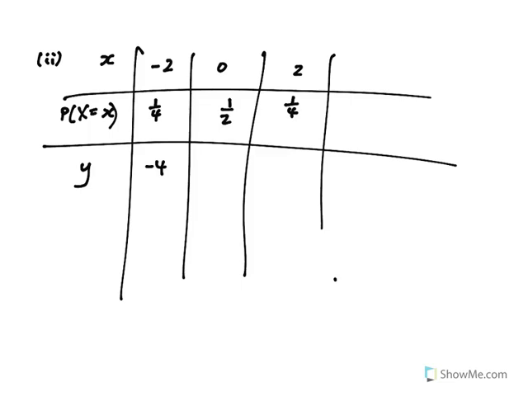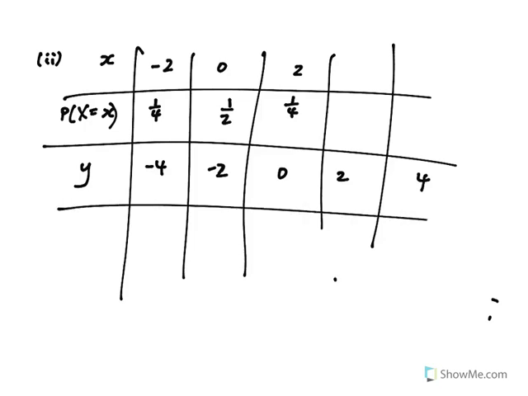It could be 0 plus -2, so it will be -2. It can also be 0 plus 0. It can also be 0 plus 2 or 2 plus 0 to give you 2. It can also be 2 plus 2 to give you 4. So there's much more variation compared to what we saw in X.